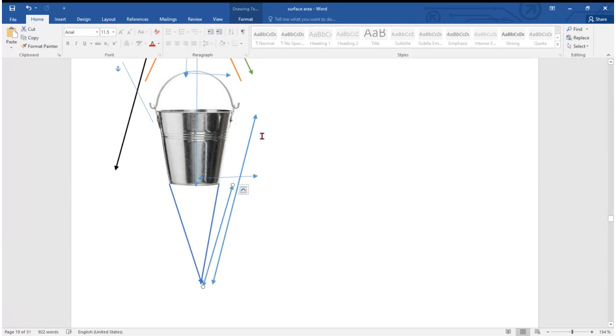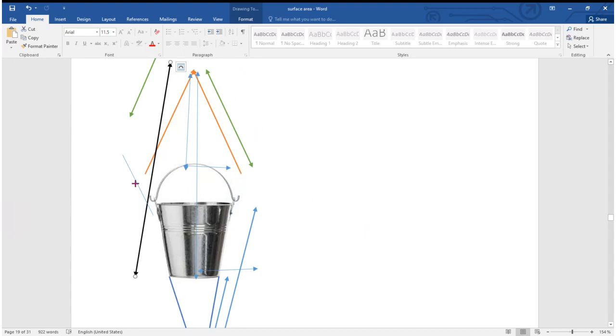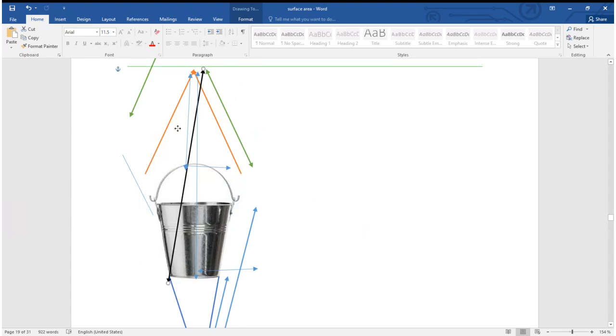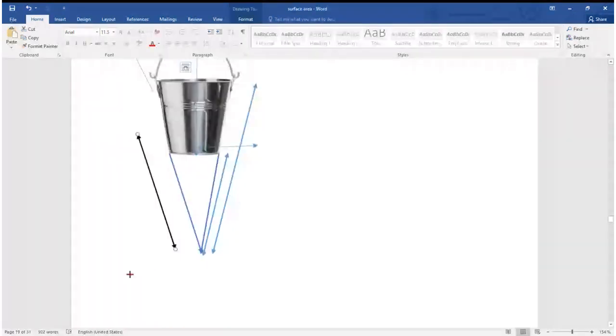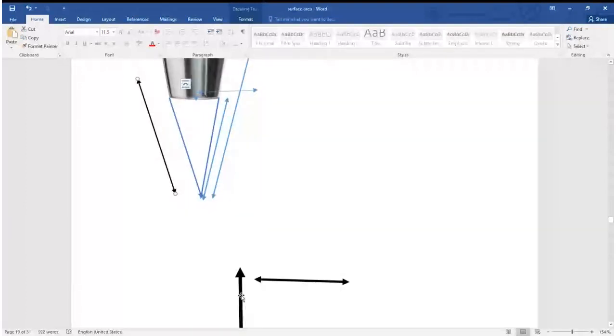Then I'm going to have this one. I'm going to bring it here. Let me show you. Let me take this distance here. This, I'm going to call the height of the big cone.